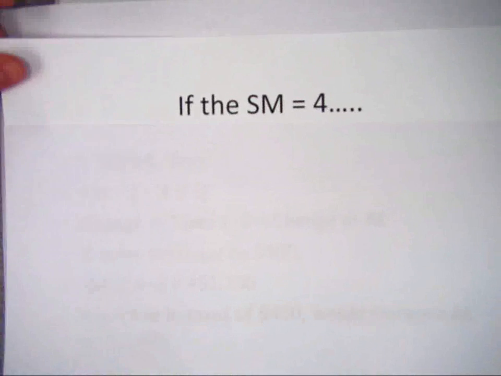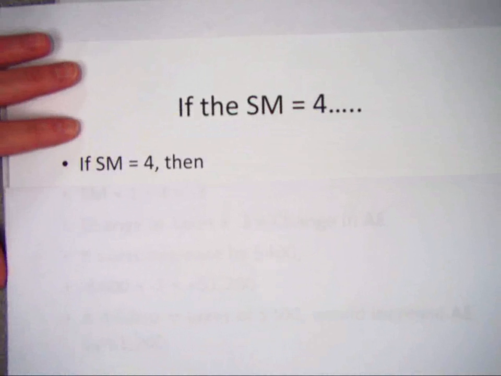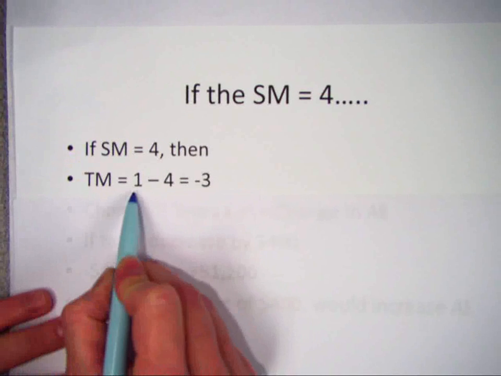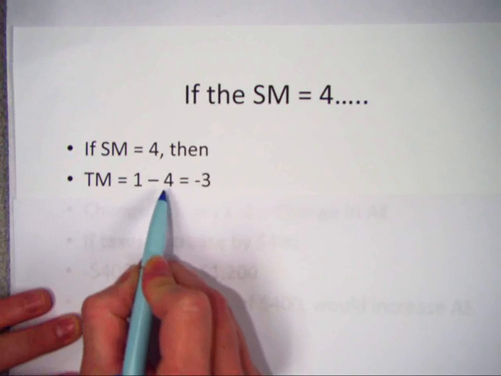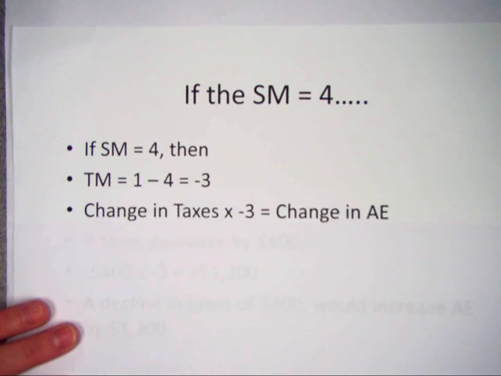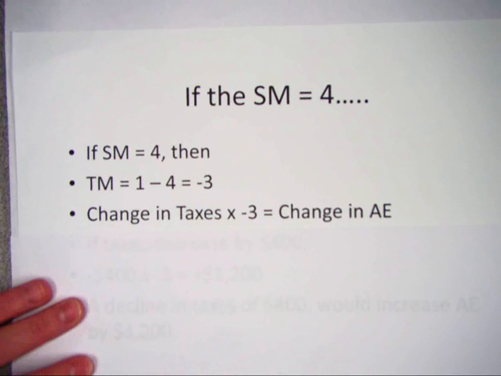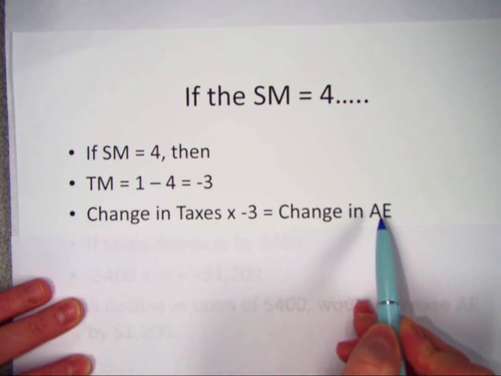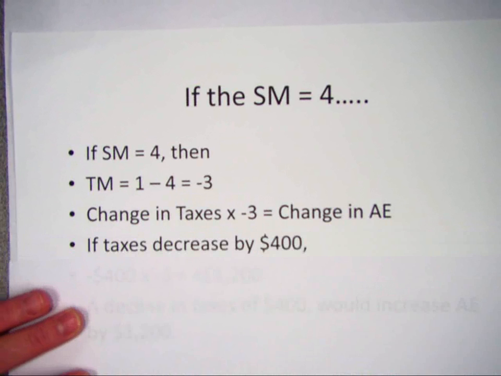If the spending multiplier is 4, well, we know how to calculate the tax multiplier. We said the tax multiplier is equal to 1 minus the spending multiplier. In other words, 1 minus 4 gives us -3. The change in taxes times that tax multiplier gives us the change in aggregate expenditures.